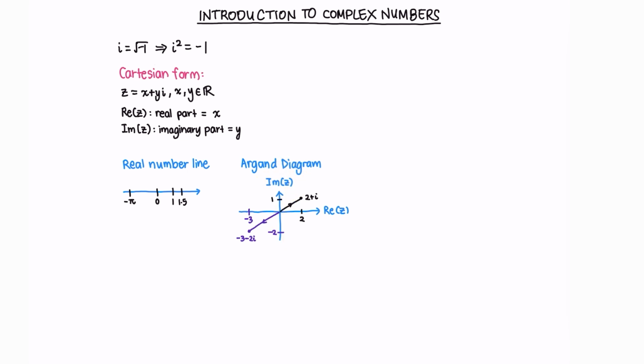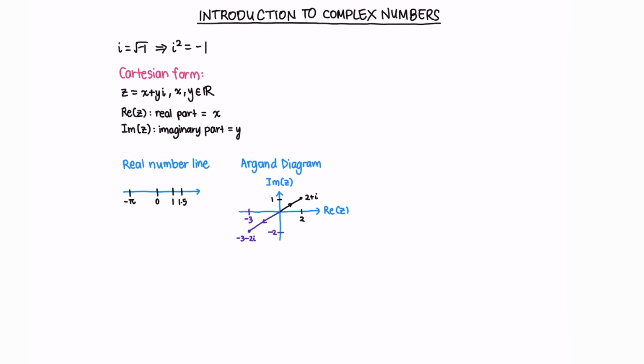So let's see how to plot something, such as 2 plus i. If we have 2 plus i, we'll plot a 2 on the real axis and a 1 on the imaginary axis. And this will get us 2 plus i, which we represent by either a dot over here or a little arrow, which we can recognize as a vector. We'll talk about using complex numbers as vectors a bit later in the future.